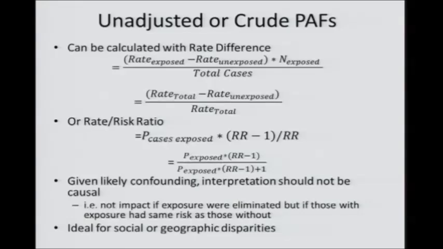And so it's ideal for social or geographic disparities where we're not going to eliminate an entire population group or a county. We're just going to reduce the rate so the rate is the same as the rest. So really like eliminating disparities, not the actual exposure.